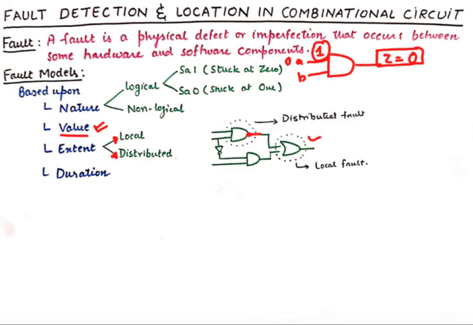But if you encounter a fault at the output here, it will be a local fault because it will not affect the other part of the combinational circuit. So this area could crop up a distributed fault and this area could crop up a local fault.